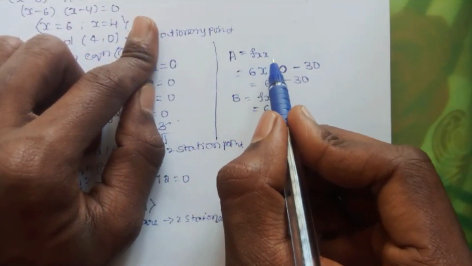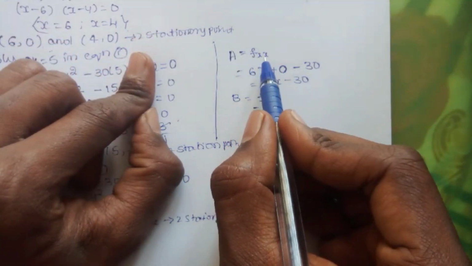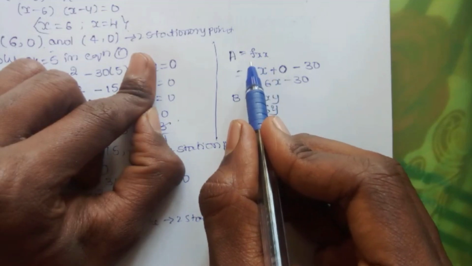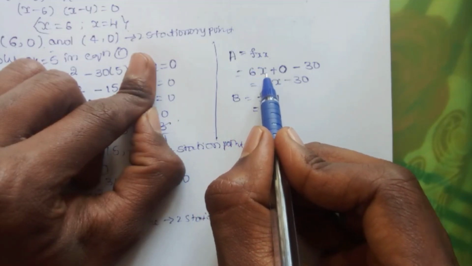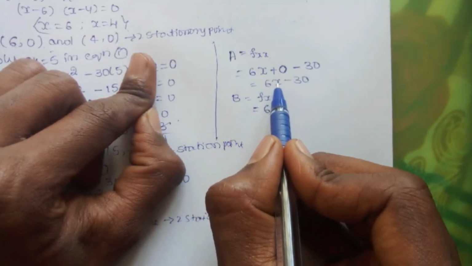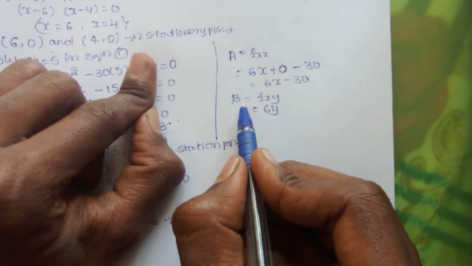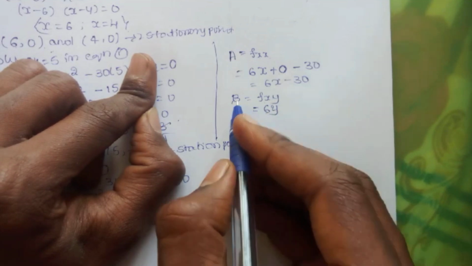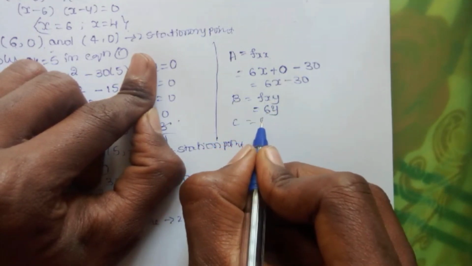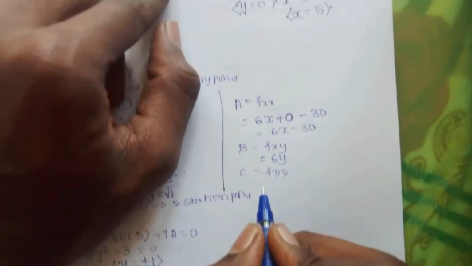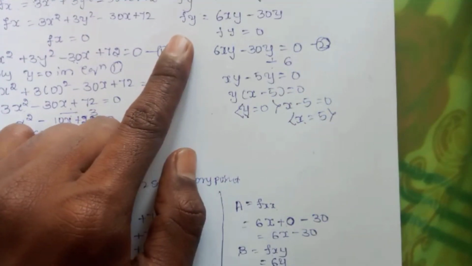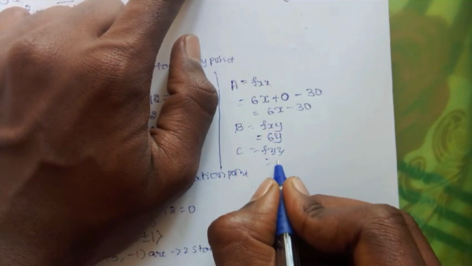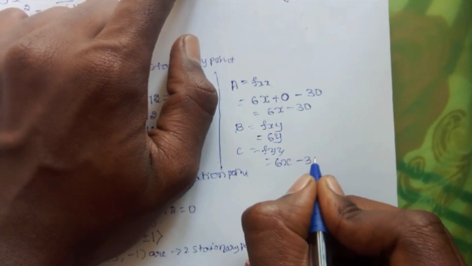A is equal to fxx, which means partial differentiation of fx with respect to x. When we differentiate fx with respect to x, we get 6x plus 0 minus 30, that is 6x minus 30. And when we differentiate fx with respect to y, then we get 6y, that is b. When we differentiate c is equal to fyy, means differentiating fy with respect to y, then we get 6x minus 30.